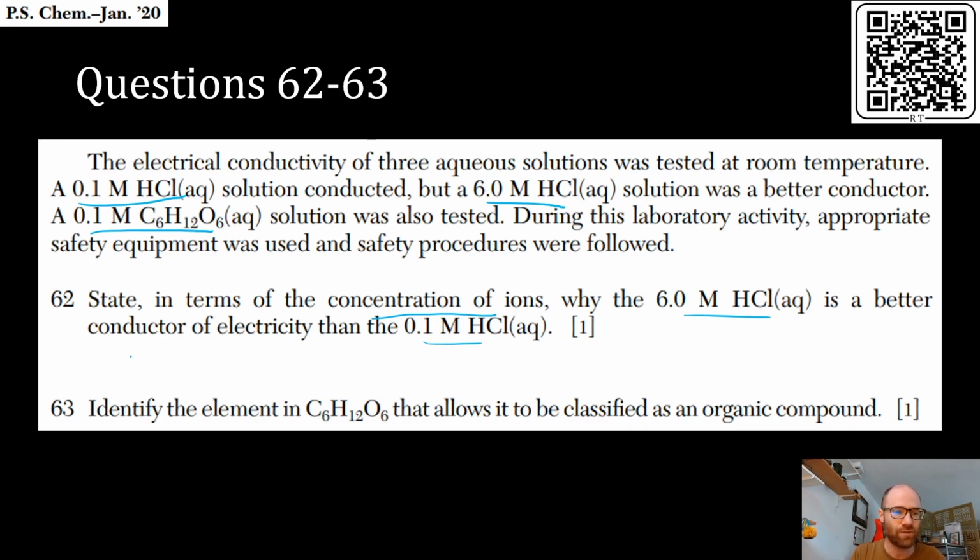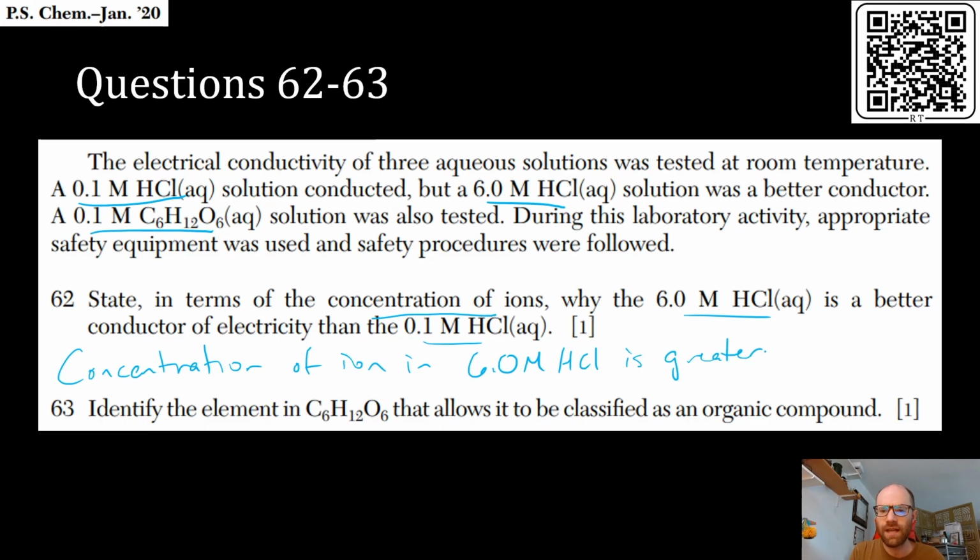It says concentration of ions, so the concentration of ions in 6 molar HCl is greater. Now, you can't just leave it there. It says state why it's better than something else, so I think your answer should include that. Including that it's greater than the concentration of ions makes the best answer.